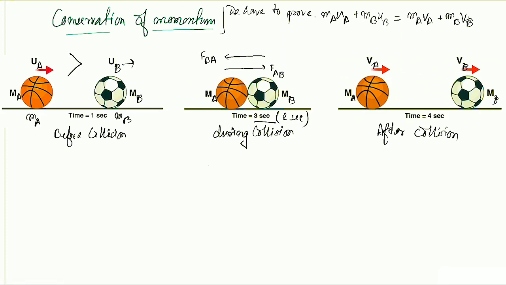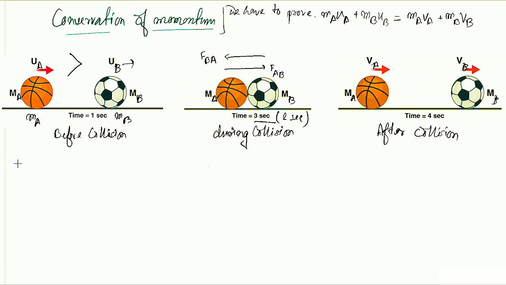From the second law of motion, we have understood the concept of the rate of change of momentum, and that rate of change of momentum leads us to force. For the first ball, it has an initial velocity UA, then a velocity VA after collision, with the same mass. For that change of velocity we get a change of momentum, or a rate of change of momentum.